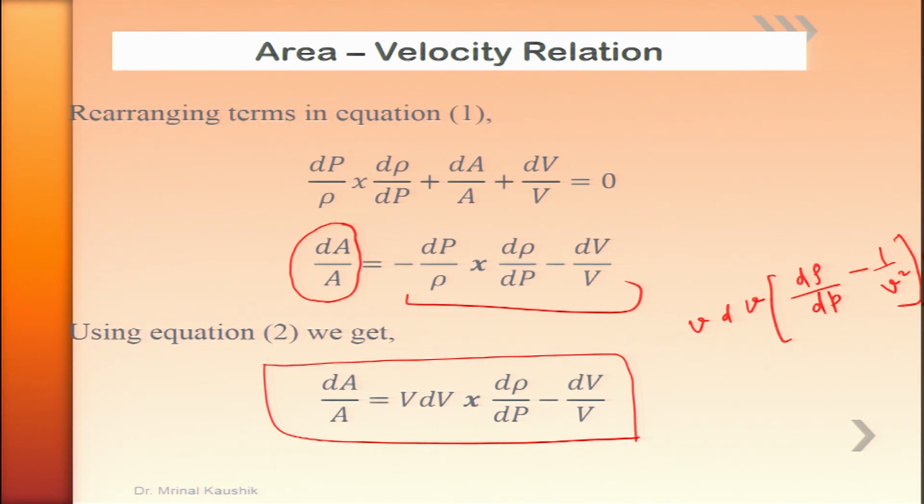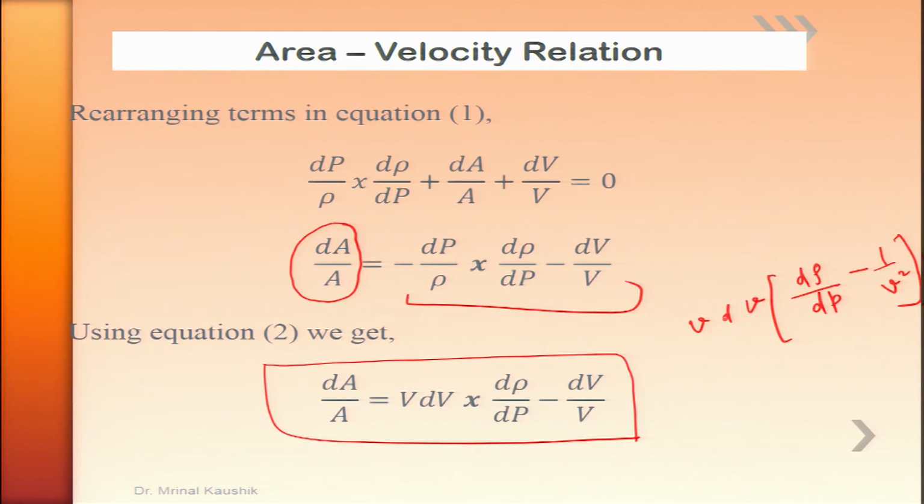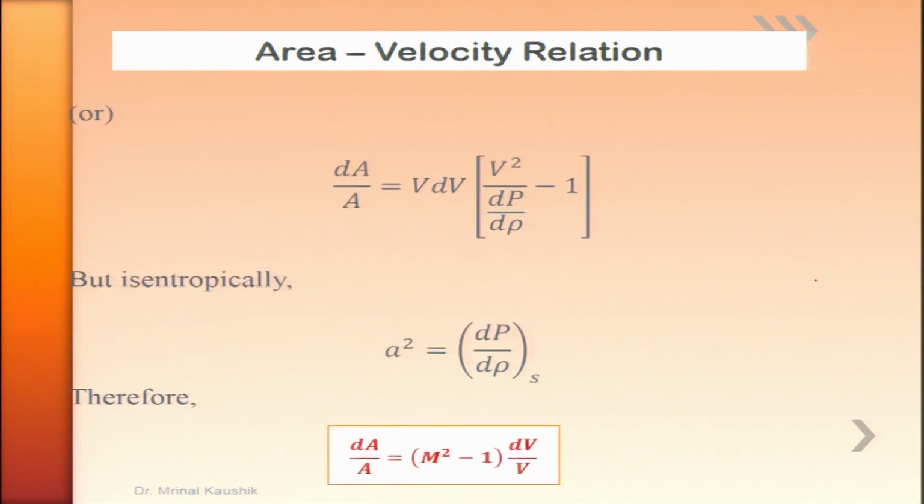Furthermore, taking minus V dV common, this becomes 1 minus V square minus d rho by dP, and then taking further common dP by d rho in the numerator, and V square in the numerator and dP by d rho in the denominator, and minus 1.